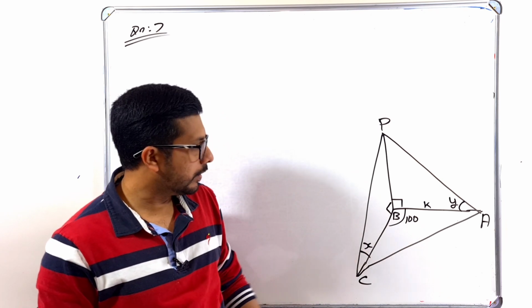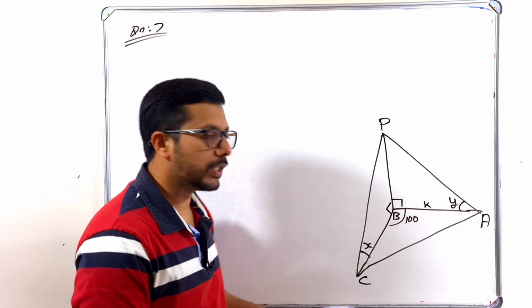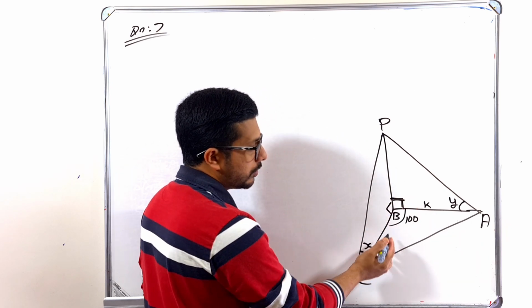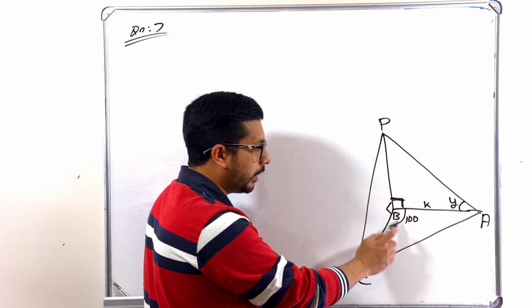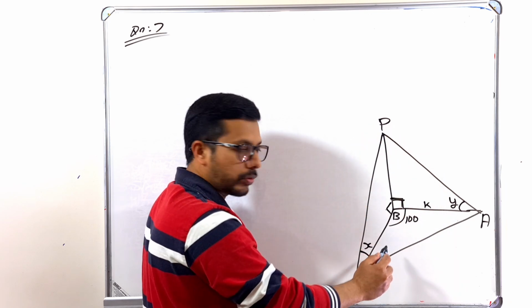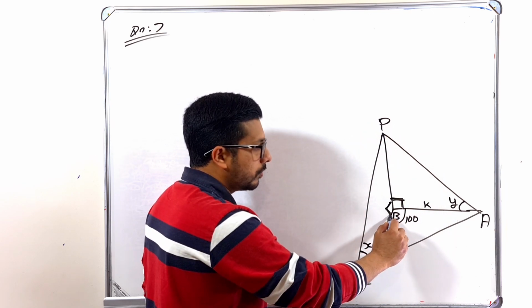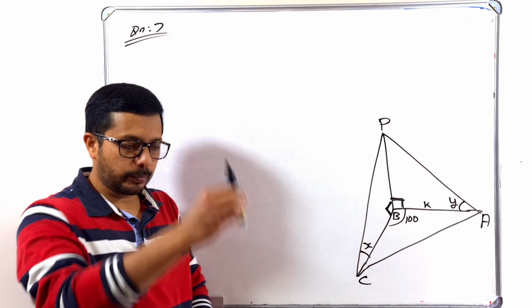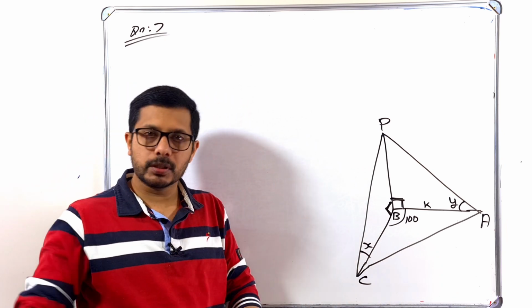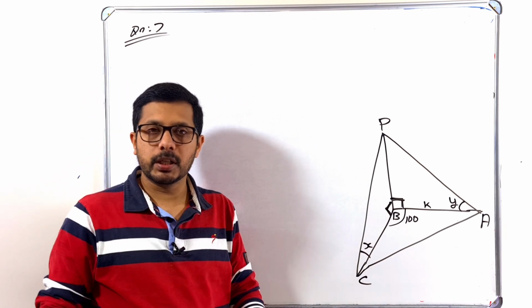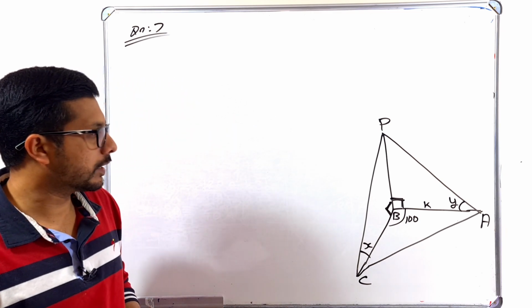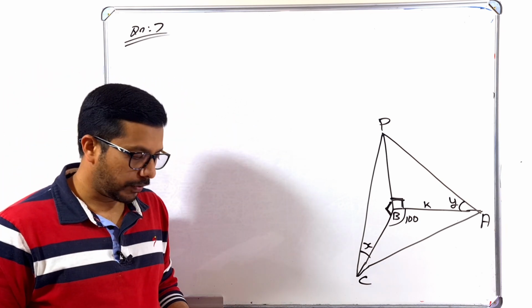This is the ground, and this one is a vertical pole, so it means this angle is 90 degrees, even though it is not given. Vertical pole means it's perpendicular to the ground, so that angle is 90 degrees.